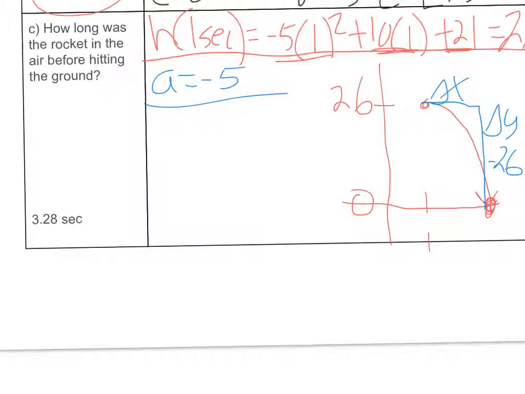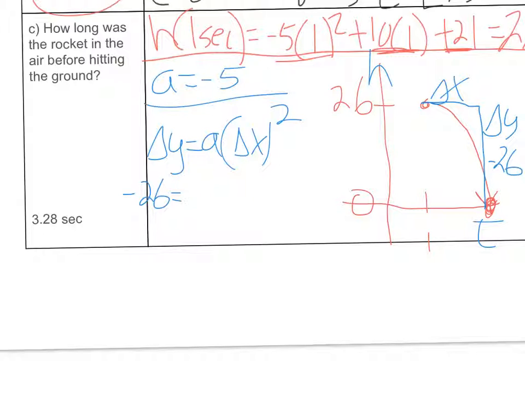What is our formula? Well, I know that delta y equals a delta x squared. Now, I should be careful here. Really, I have, instead of y, I have height. Instead of x, I have time, but it means the same thing. So delta y is -26, a is -5, and delta x squared.